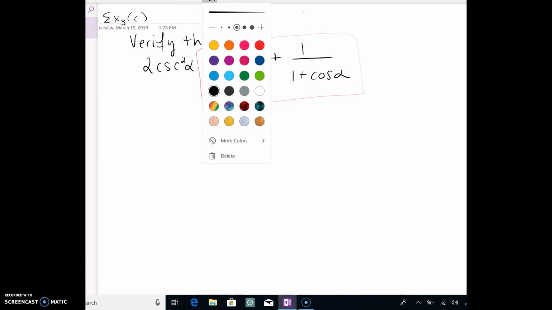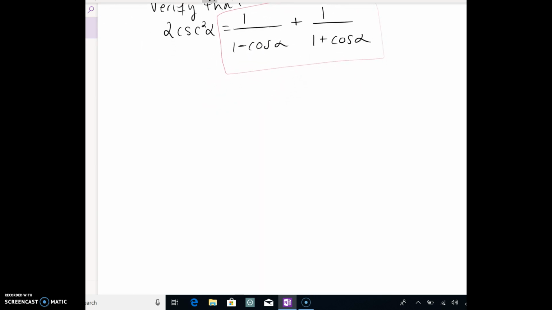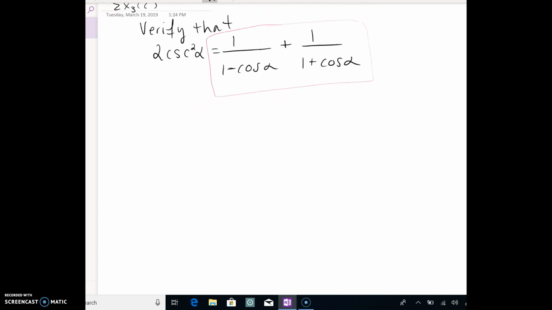All right, so the first thing that we're going to do here, because again we want to combine these 2 fractions, we want to turn these 2 terms into a single term as we have on the left-hand side, is we have to ask ourselves, what is the LCD? So I have 1 factor 1 minus cosine alpha, 1 factor 1 plus cosine alpha. So the LCD is going to be 1 minus cosine alpha times 1 plus cosine alpha.